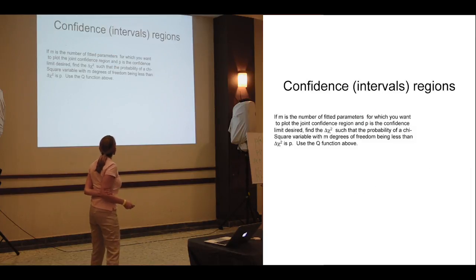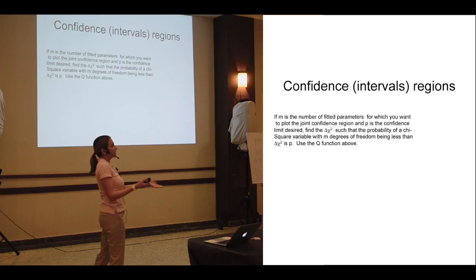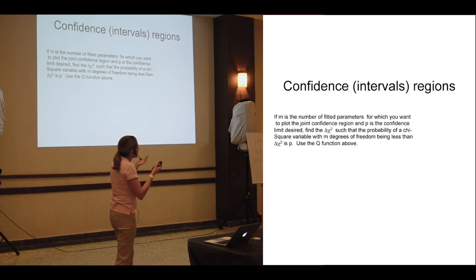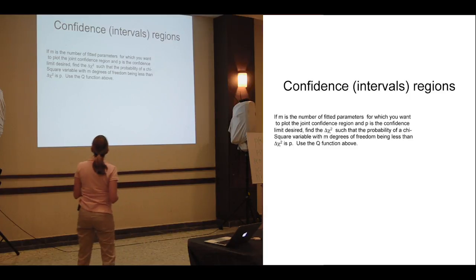Also, you may remember that you don't just report a result, you need to report some error bar around the result. So in case of this fitting, you report A and B, you need to report some confidence interval or confidence regions around the A and B values to be found.